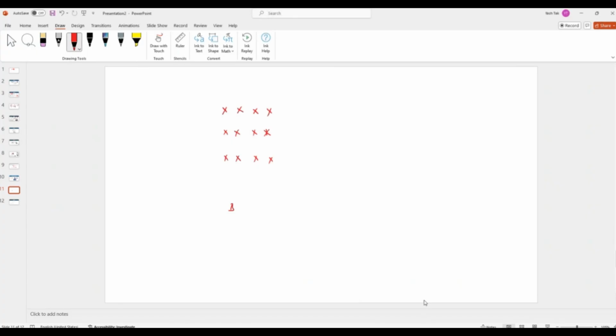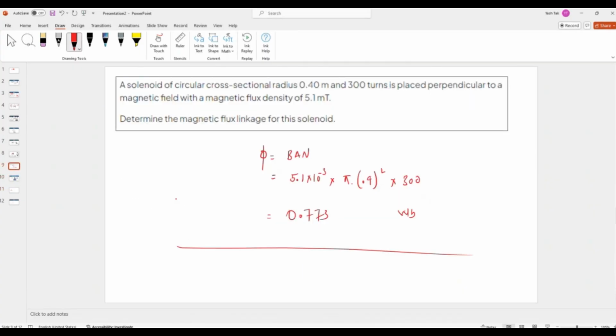Have you seen a screw? That is how it looks. And over here, we have a sign like this. So when you try to rotate it, it goes inside. So this cross means field lines are going into the plane. So whenever a cross is written, you can understand that field lines are going into the plane.